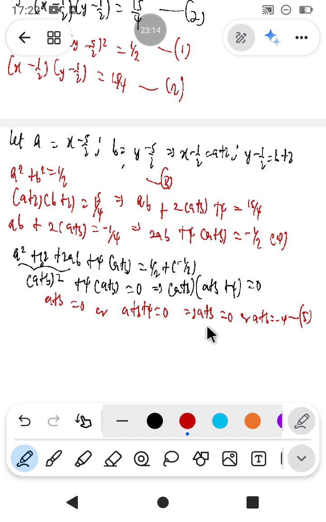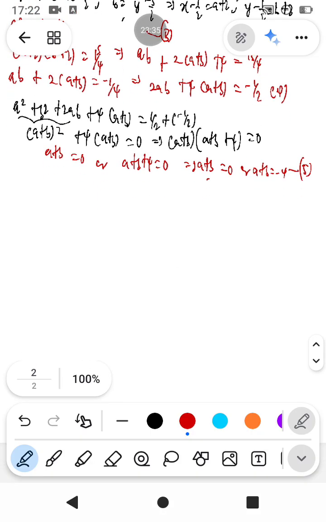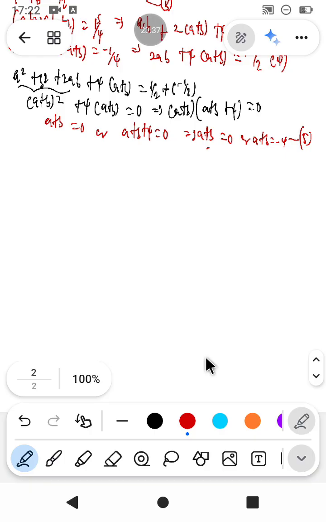But out of these two, I'm just going to use one, which is A + B = 0. The reason why I will not be using A + B = -4 is that if you make use of this later on, we're going to get a complex number, and from the question we have to work in a field of real numbers only, not complex numbers. Do you understand now? Okay, so let's move on to the next step.